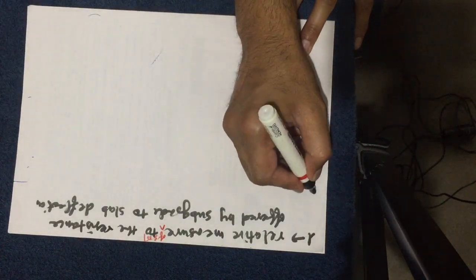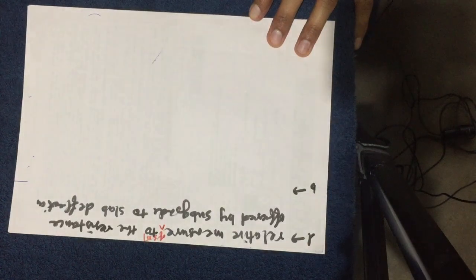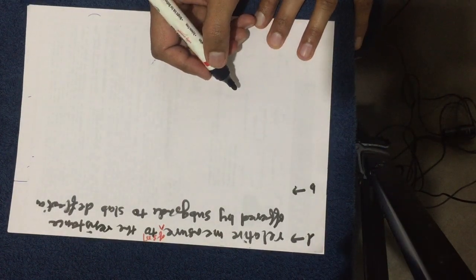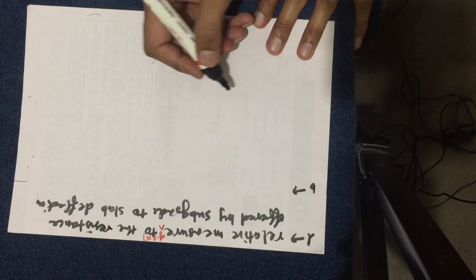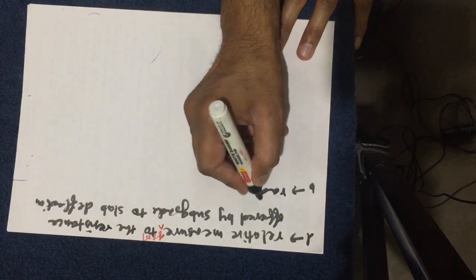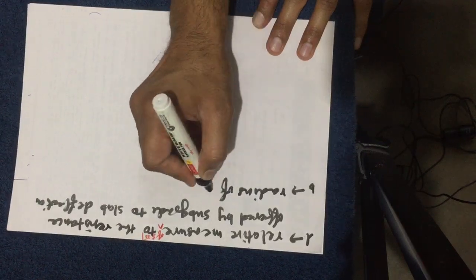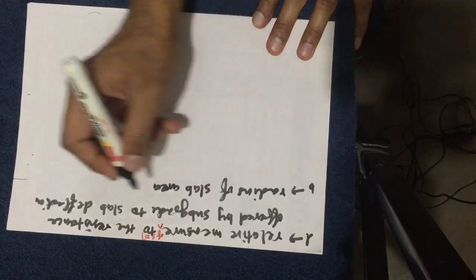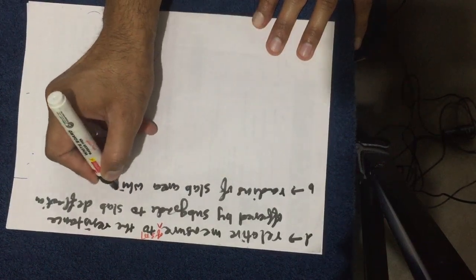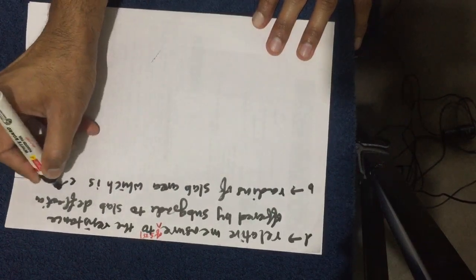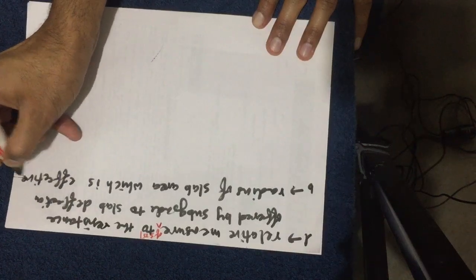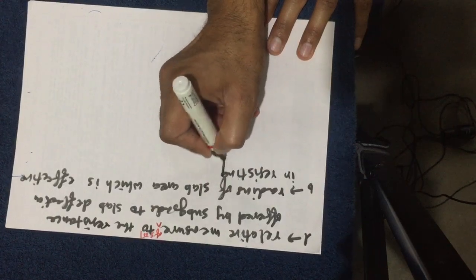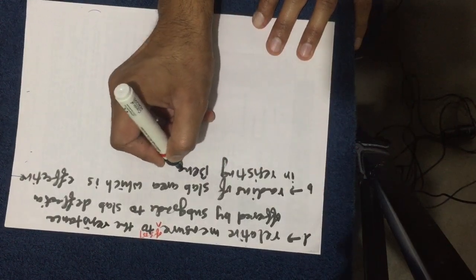So this is L, and B is what? B is the equivalent radius of resisting section. It is the radius of slab area which is effective in resisting bending moment.